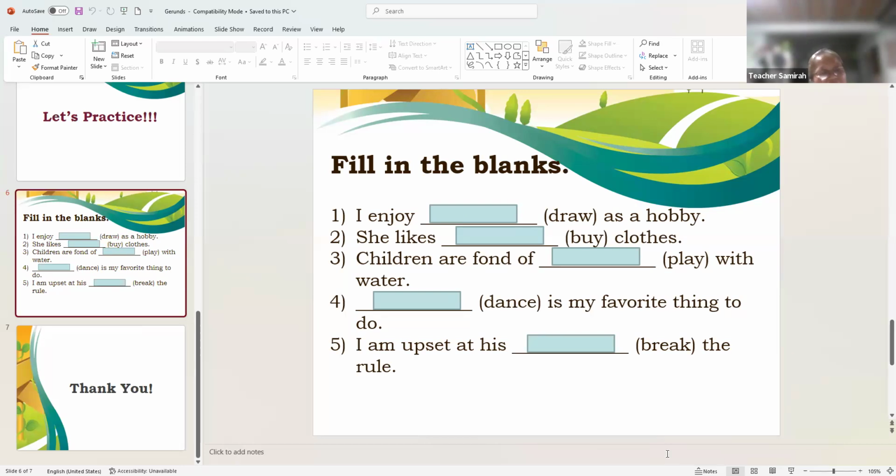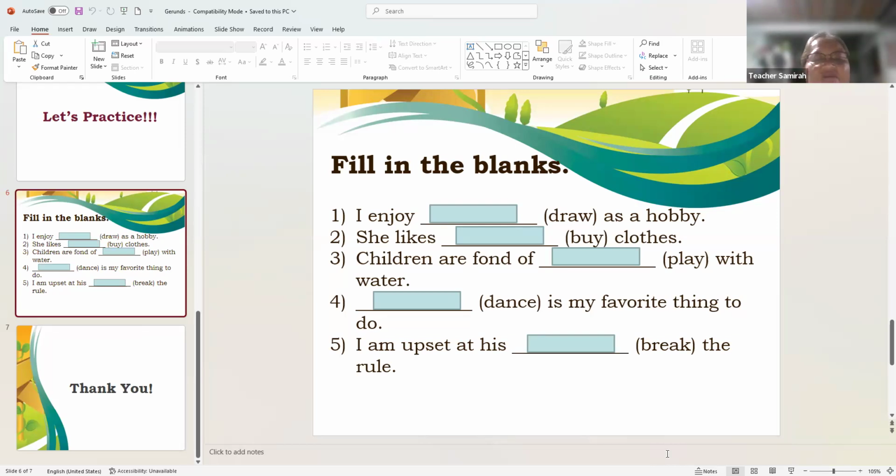So take note, what is a sentence composed of? Subject and a verb. Because most of the time, the subjects are the noun in the sentence. It can be a pronoun, a noun. So these gerunds can also be a noun in a sentence.